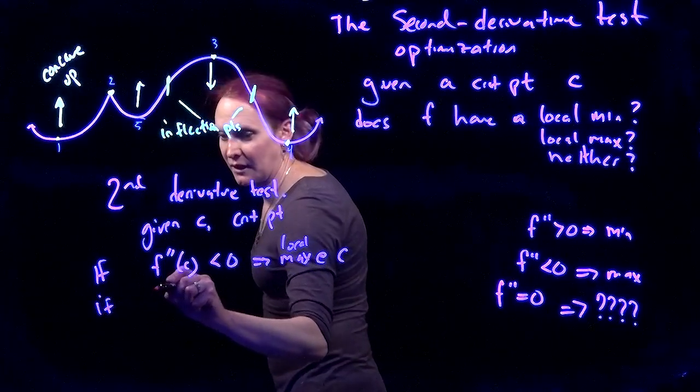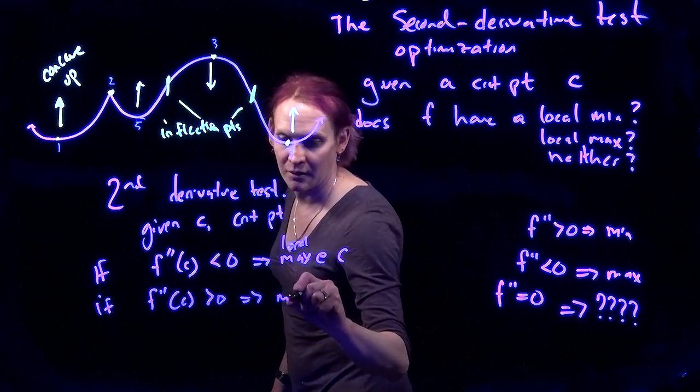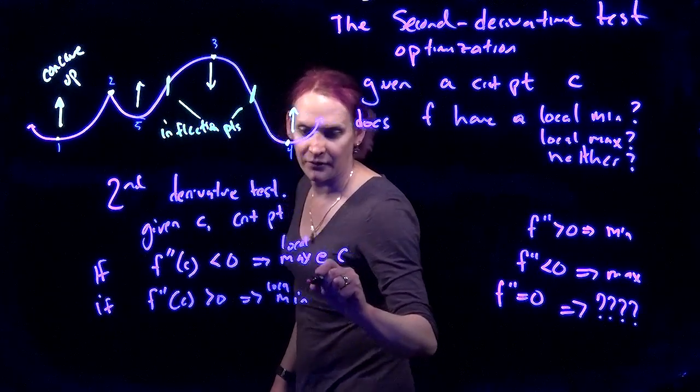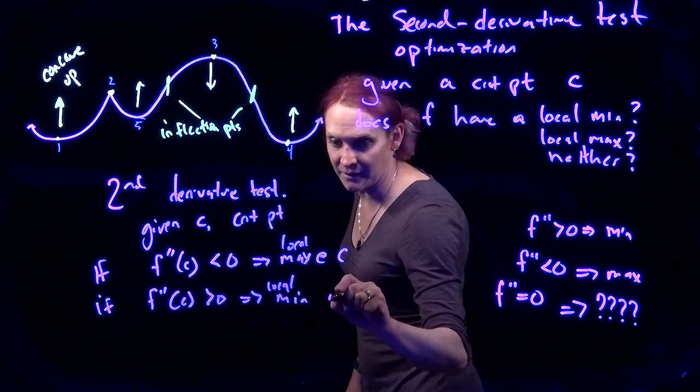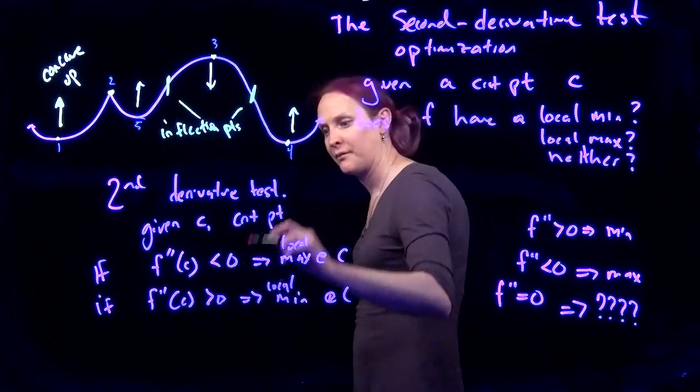If f double prime of C is bigger than 0, then you have a local min at C, because it's concave up.